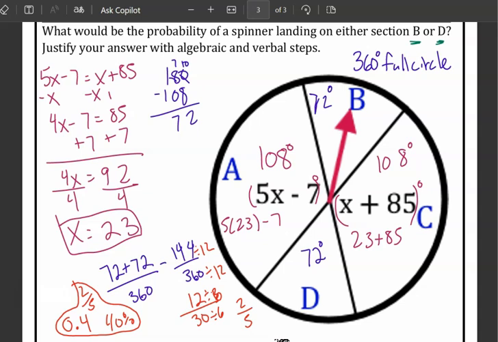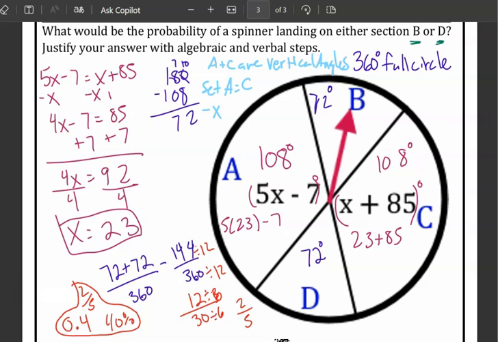Now let's go back through this and write out those verbal steps. All right, so we know that A and C are vertical angles. So set A equal to C, and we're going to assume that they are in degrees.